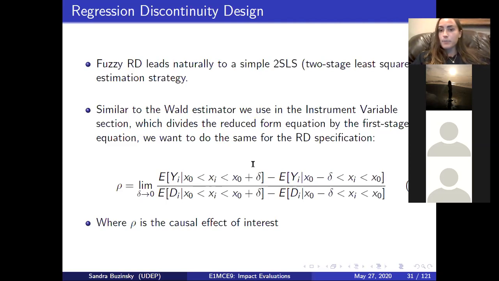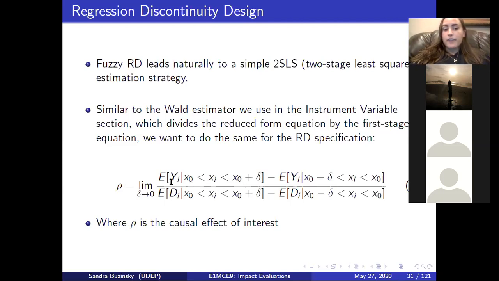Delta is an arbitrary distance from your cutoff, and we use that as the neighborhood of validity that we look within. We're considering some very small distance away from our cutoff, which is delta. So as delta goes to 0, we're looking within that window of comparability.